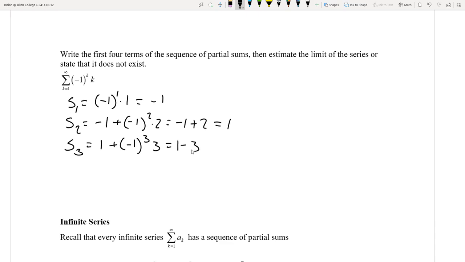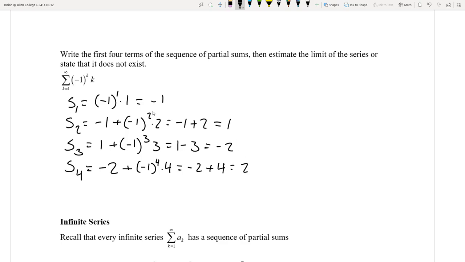That's 1 minus 3, which is -2. S sub 4, we've got -2 from the previous, and then we add in where k is 4, -1 to the 4th times 4. -2 plus 4, and so we get positive 2.